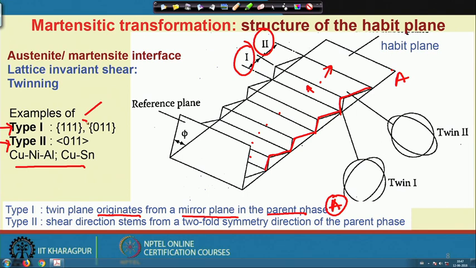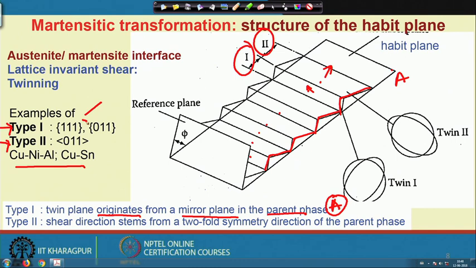We also tried to look at the structure of the habit plane, and we surveyed a large number of ferrous and non-ferrous alloys, where we have seen that twinning mostly forms where dislocation-dominant martensitic transformations are not involved.